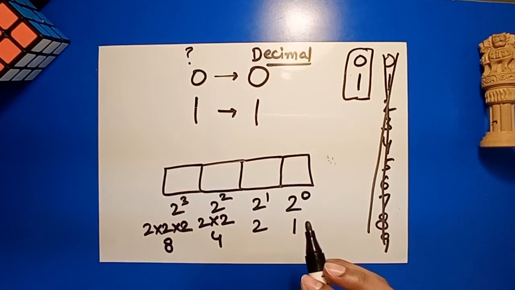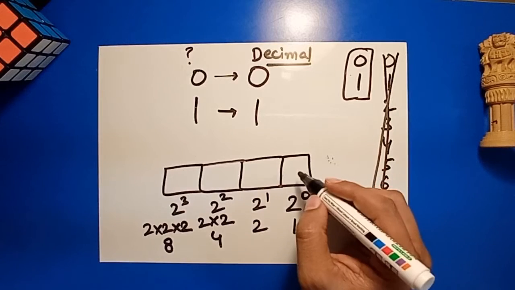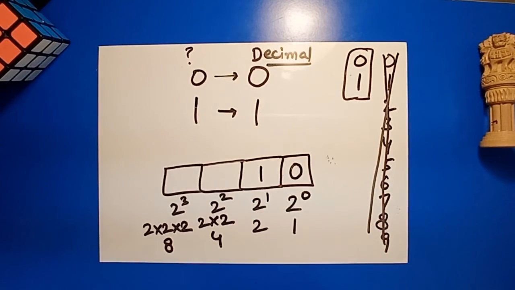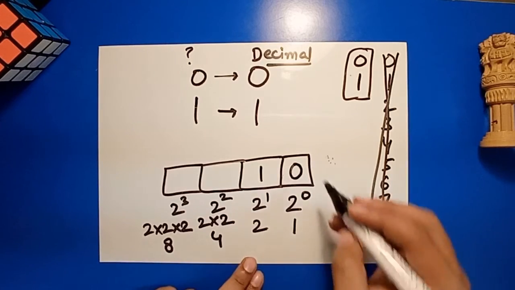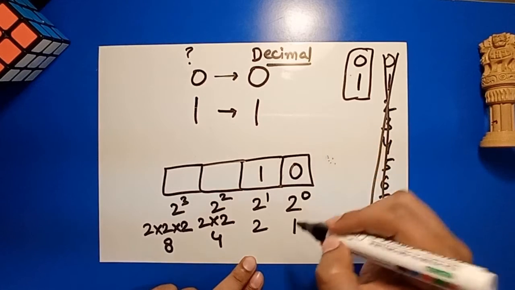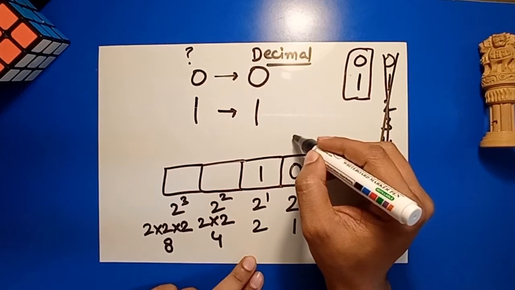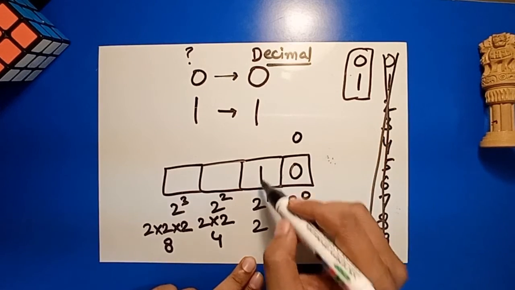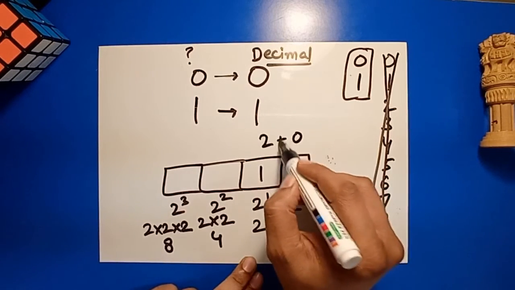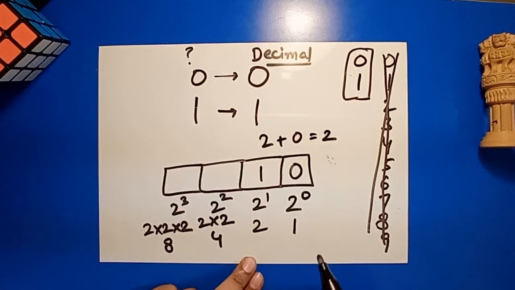Now let's figure out a number. Let's calculate 1 0. So what is this number? Let's write it up. 0 multiplied by 1 is 0. 1 multiplied by 2 is 2. 2 plus 0 is equal to 2.